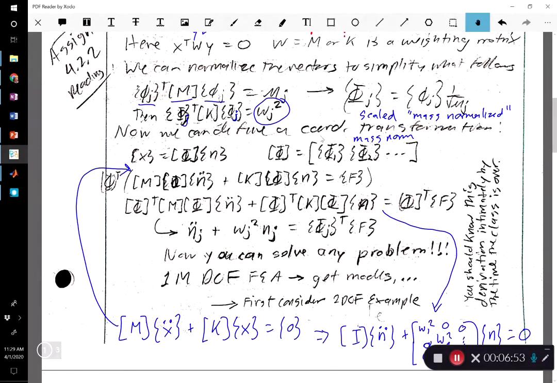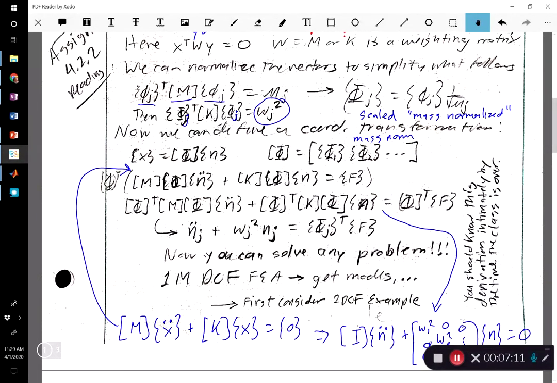So we put each of those in the columns, and if we then substitute this in for x in this equation down here, we'll get M times phi times eta double dot, K times phi times eta here.